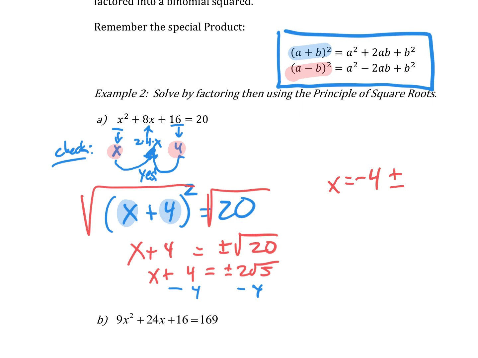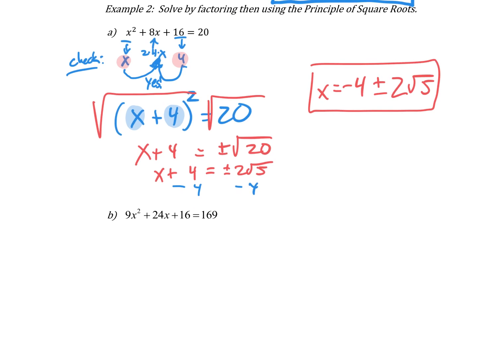Oh, no, I'm sorry, not the square root of 25. The 2 square root of 5. All right, there it is. Now notice, by the way, instead of writing this minus, we like to put this first. We like that square root to come last. It's okay if you do put the minus 4 afterwards.